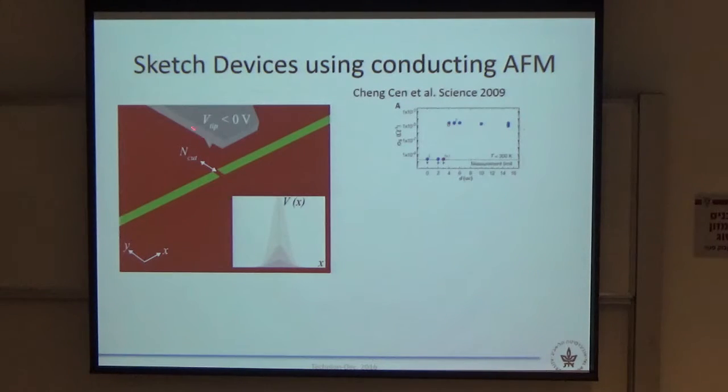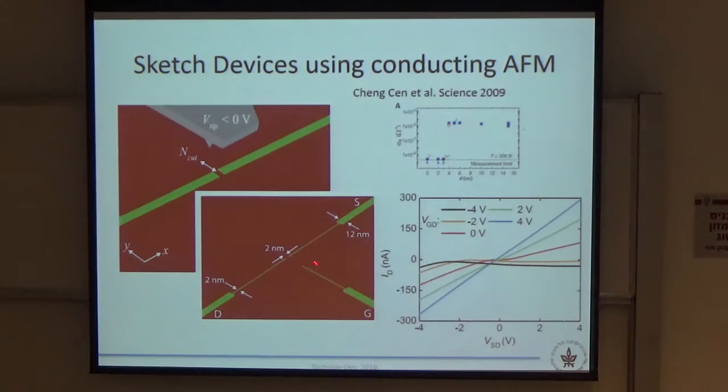Then you apply this electric field and you can induce conductivity locally. This way you can write all sorts of devices just by using the AFM tip. For example, they just wrote a quantum dot, just before we published our quantum dot. Too bad, but it's a nice technique, I must say.